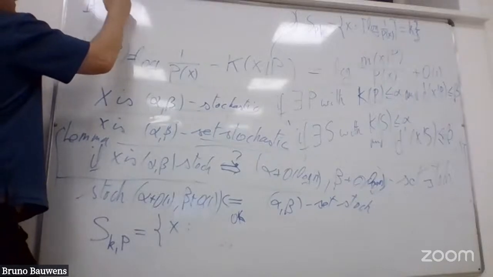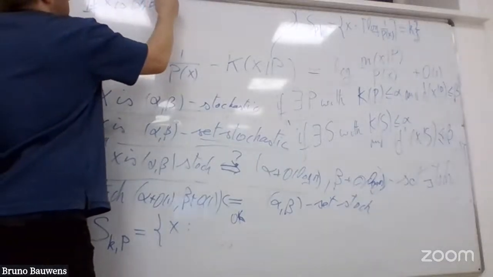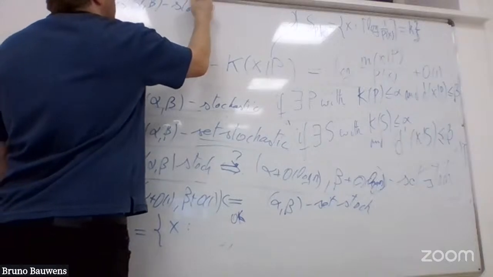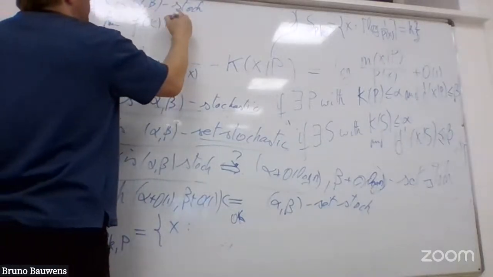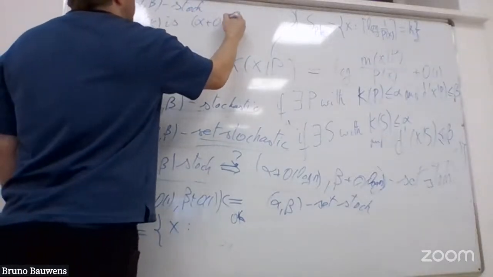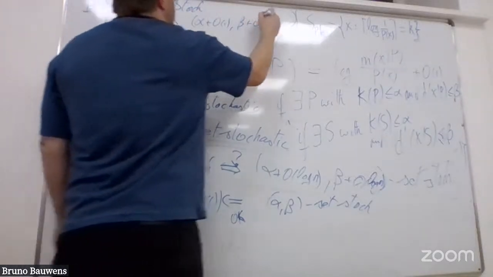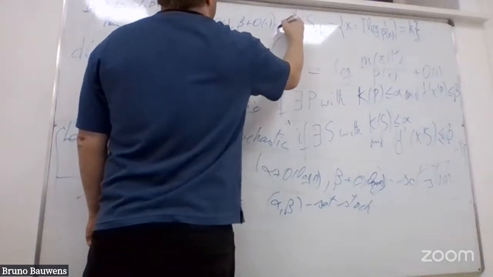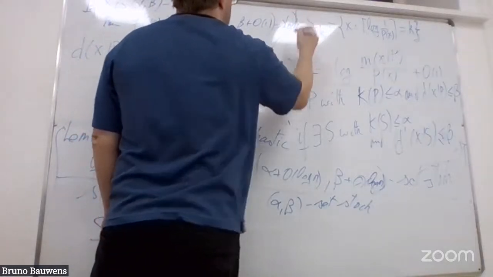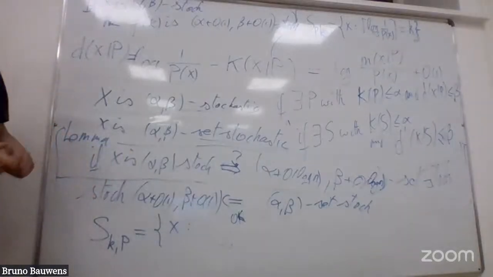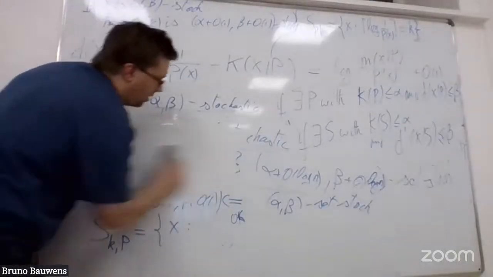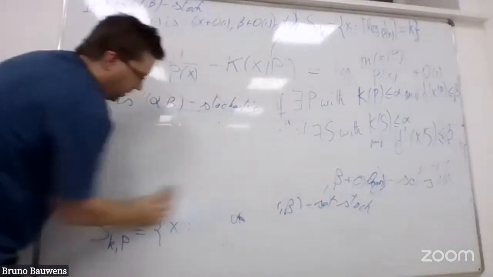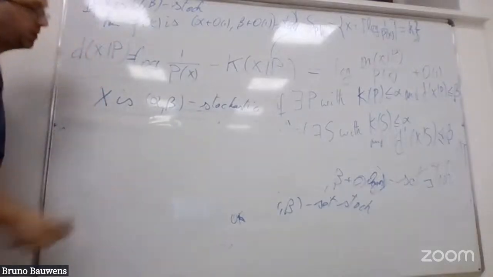If x is alpha beta stochastic, then f of x is alpha plus O(1), beta plus O(1) stochastic. To prove it, we will use the second definition. Remember the prefix complexity.